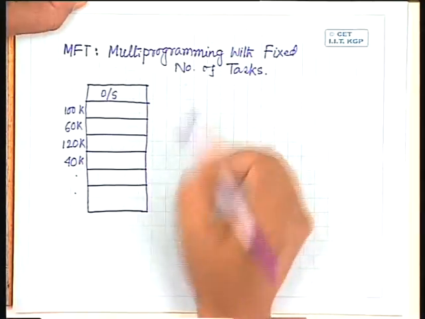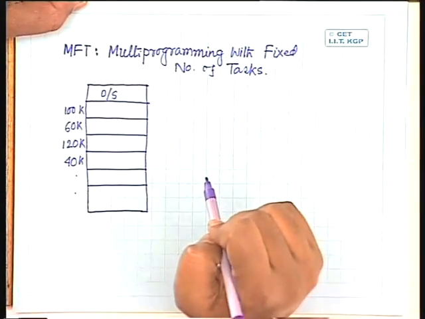That means I can keep n number of processes in the ready state simultaneously, and any of those processes can be executed by the CPU anytime. So all n processes are ready for execution. So you say that the degree of multiprogramming of this system is n.